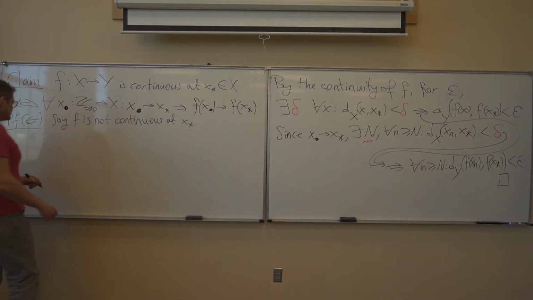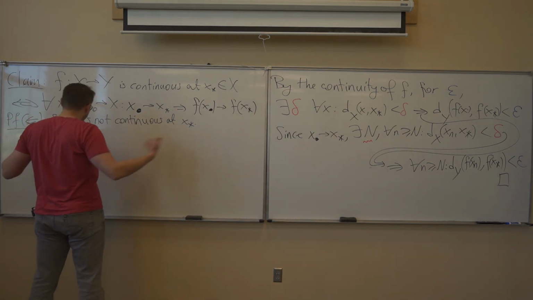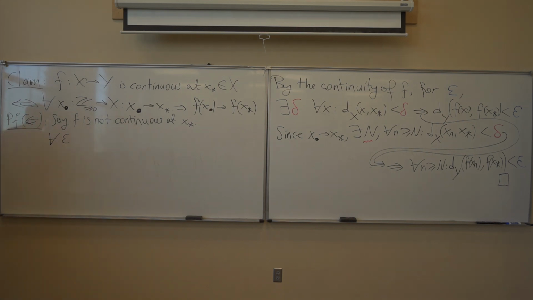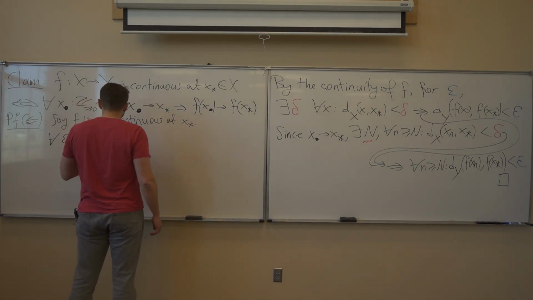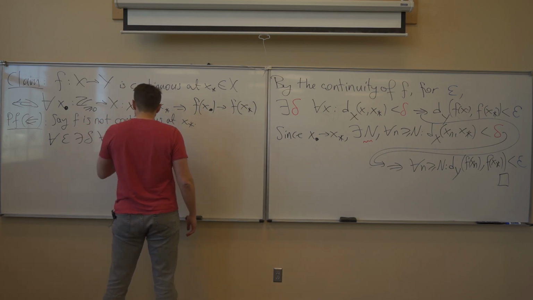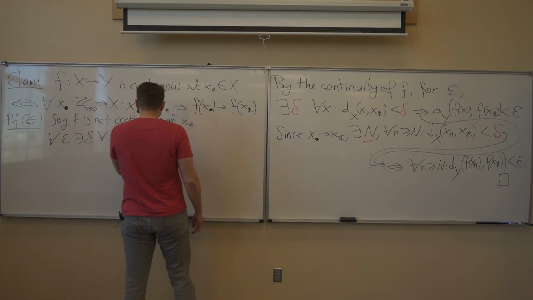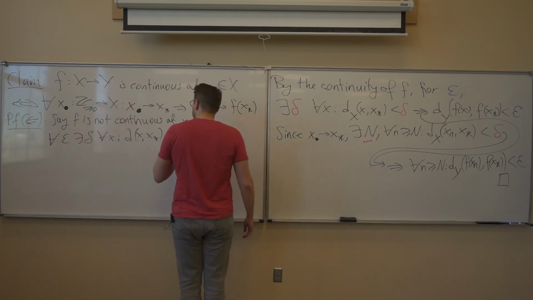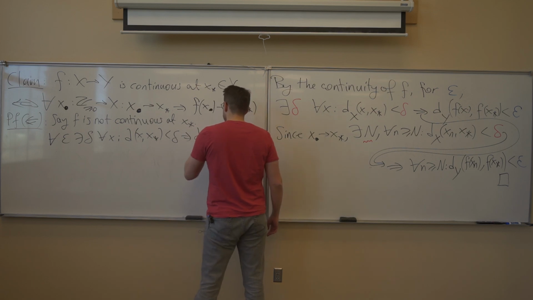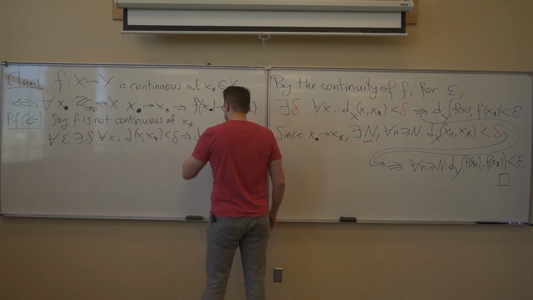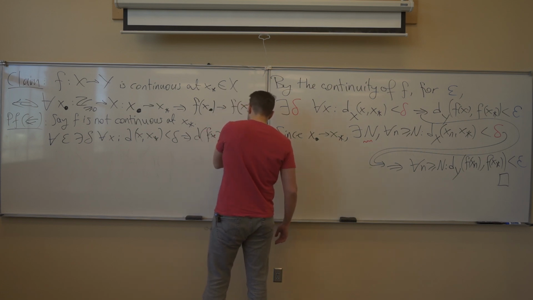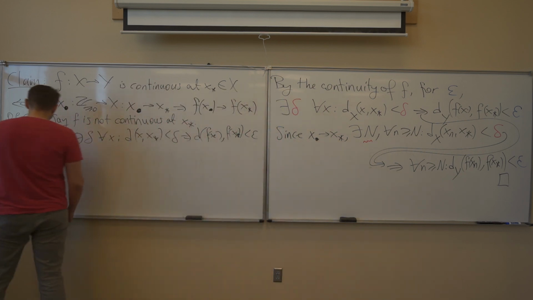Right, maybe let's do it again. So for any epsilon, first write the positive statement and then put a negation in front of it. For any epsilon, there's a delta, such that for any x in X, if the distance between x and x star is bounded by delta, then the distance between f of x and f of x star is bounded by epsilon. Now I need to negate this.